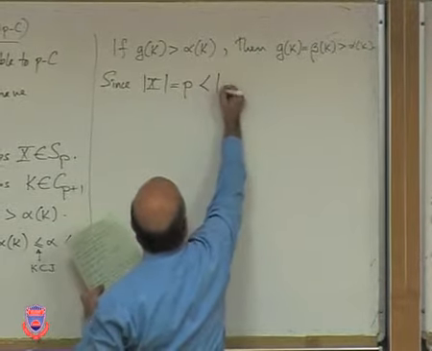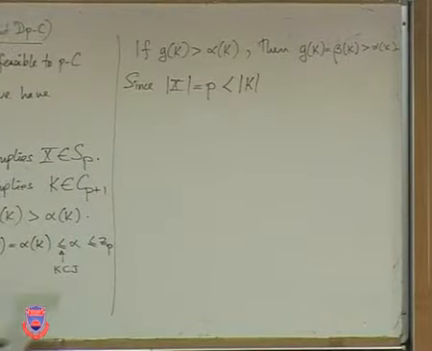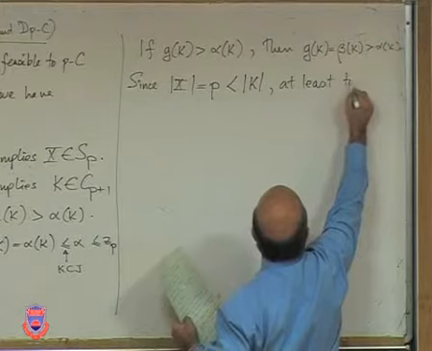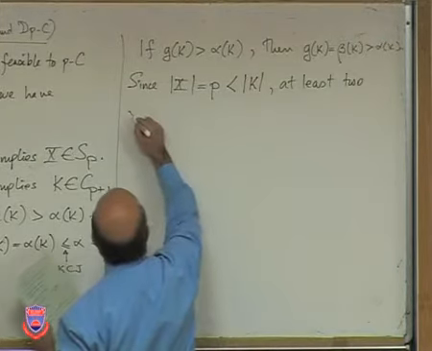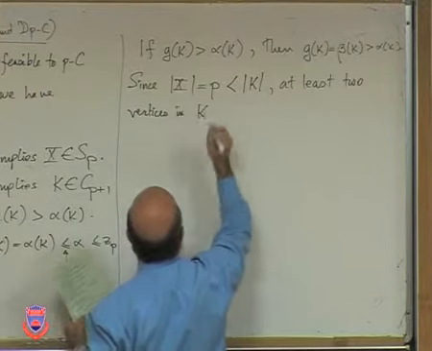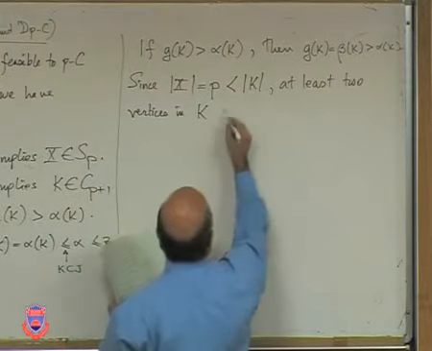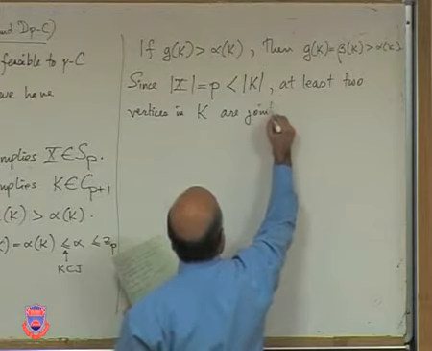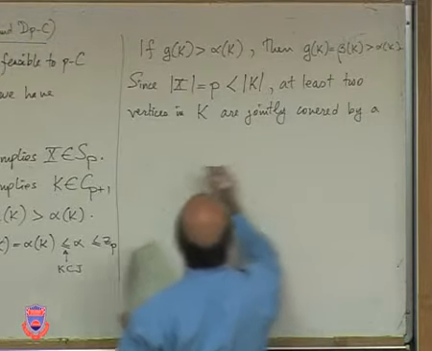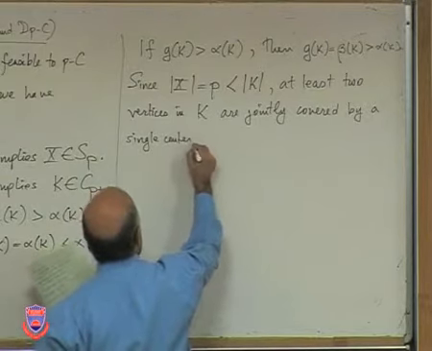And since k has p plus 1 or more points, we've got this strict inequality, which means at least 2 vertices whose indices are in K are jointly covered or served by a single center in X.